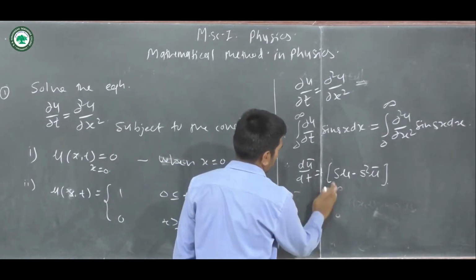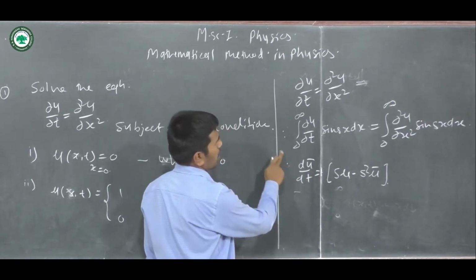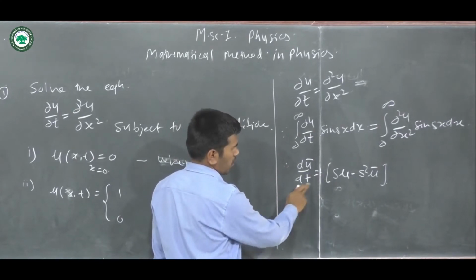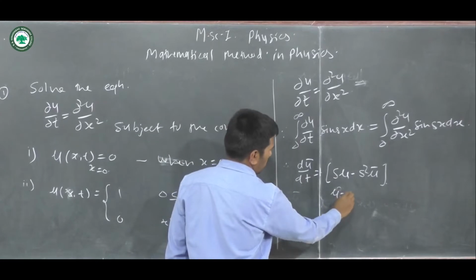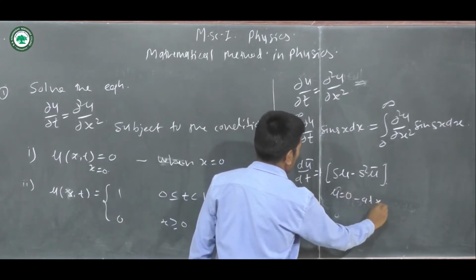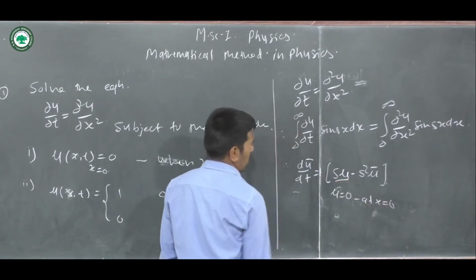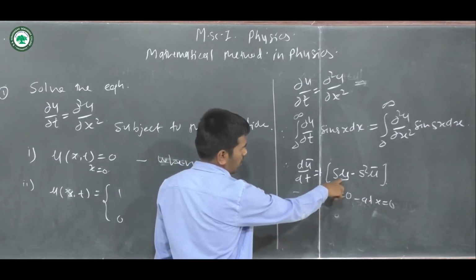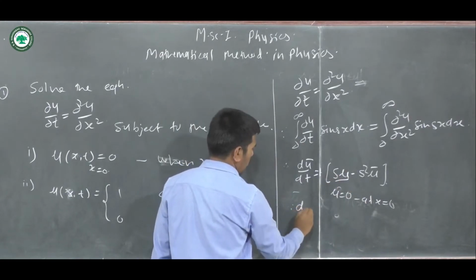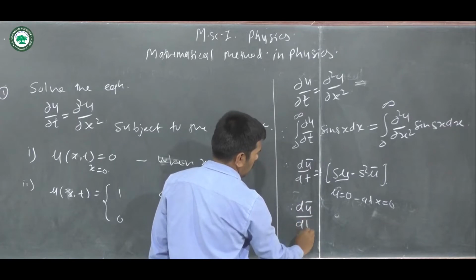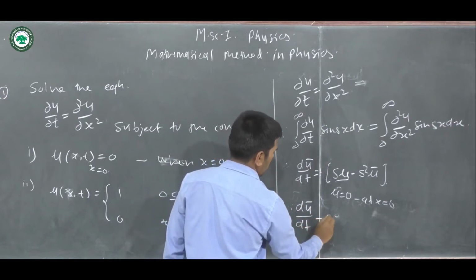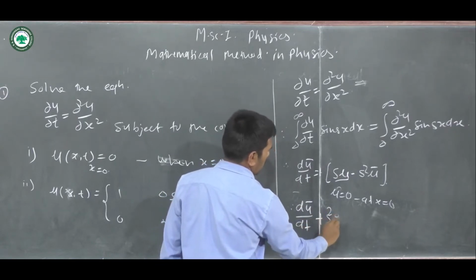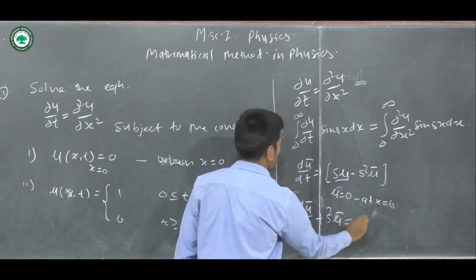Now we have the expression after applying the sine transformation. Now u is 0 at x = 0, so we can put 0, and the expression becomes dū/dt + s²ū = 0.